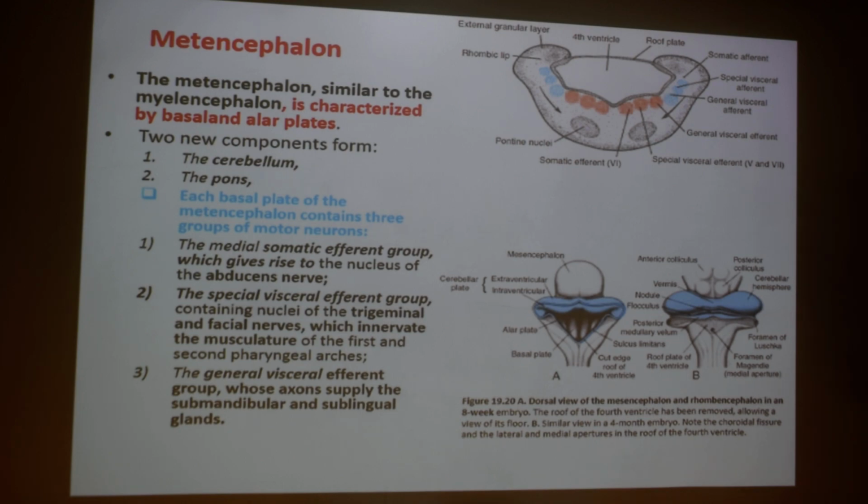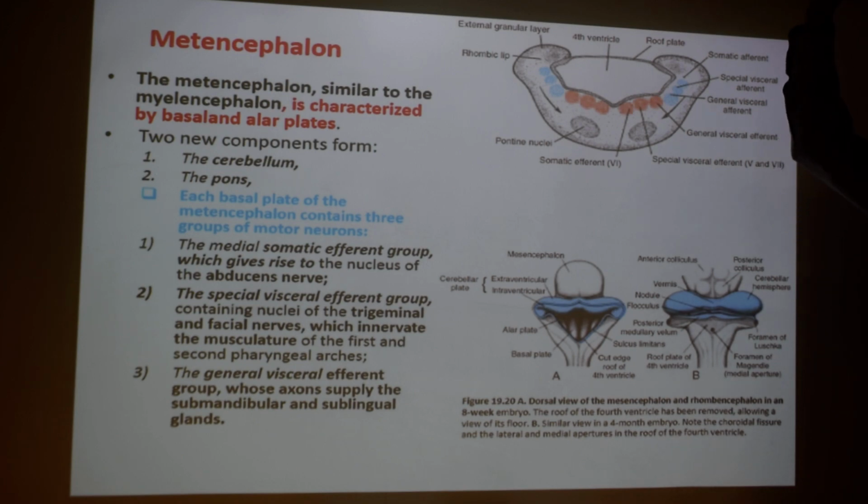So, you have general somatic efferent, which is the nuclei for abducent nerve, and then you have the special visceral efferent, which is the muscles of facial expression, supplied by the facial nerve, and similarly the muscles of mastication, which are supplied by the trigeminal nerve.